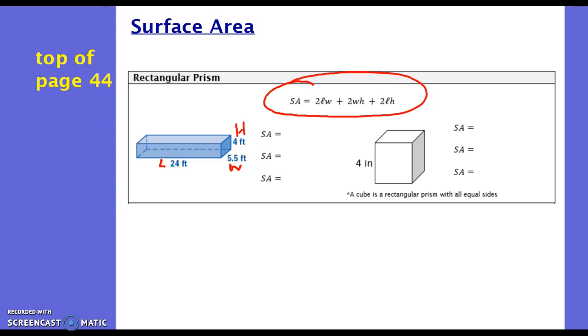If we look at the front, it would be this box right here. We would take this length, 24, times the height, which is 4. So you would do 24 times 4, or the length times the height. But we know the back is exactly the same thing. So if we multiply it by 2, we've got the front and the back.